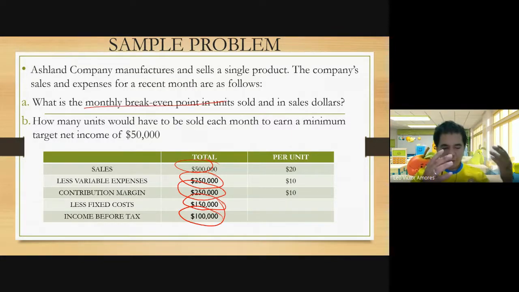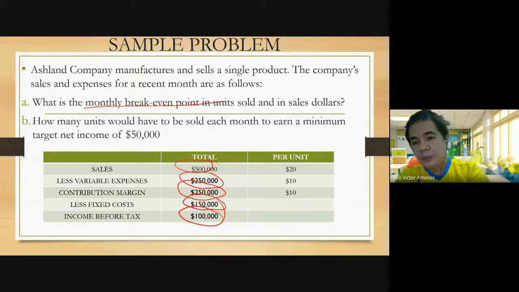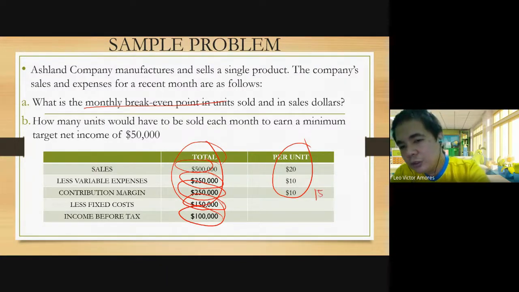So you can actually solve it using two ways. Okay? That is in terms of the monthly or per unit. So if per unit, how much is your fixed cost? Fixed cost divided by 20 minus 10. How much is that?